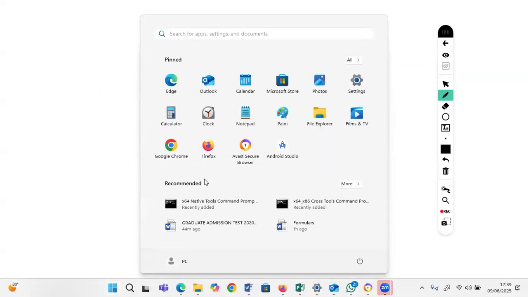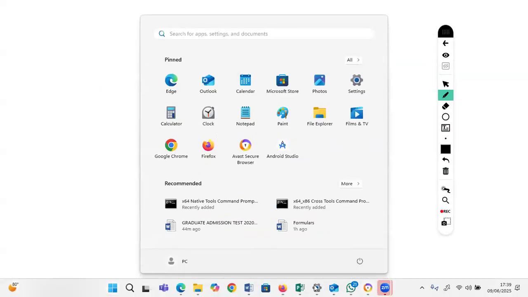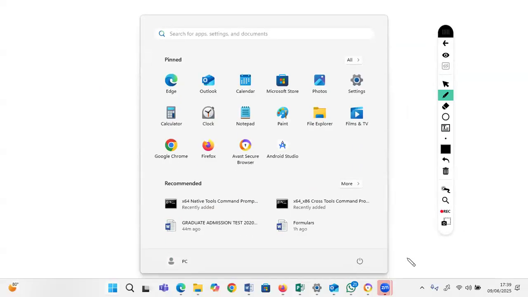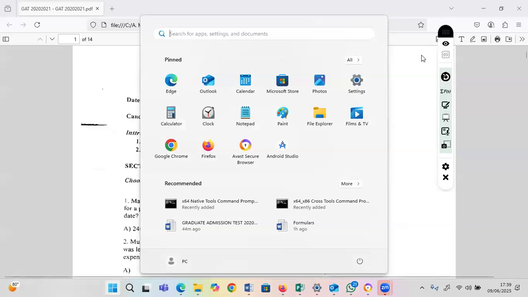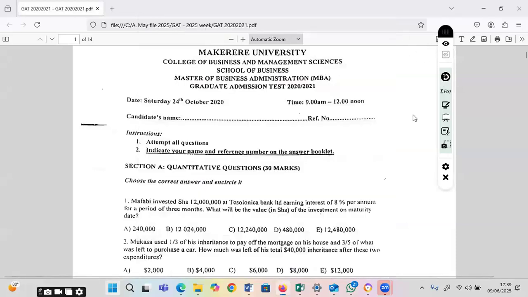Okay. So the first part of question that we are doing today, the question says that Mafari invested 12 million at Thessalonica Bank Limited, earning interest of 8% per annum for a period of 3 months.